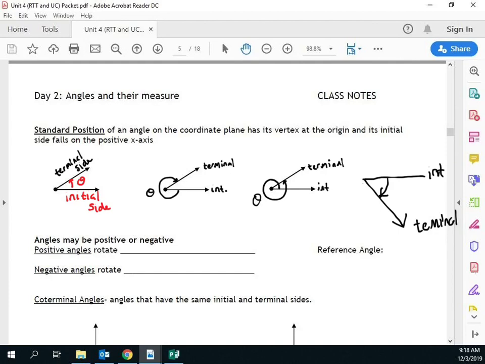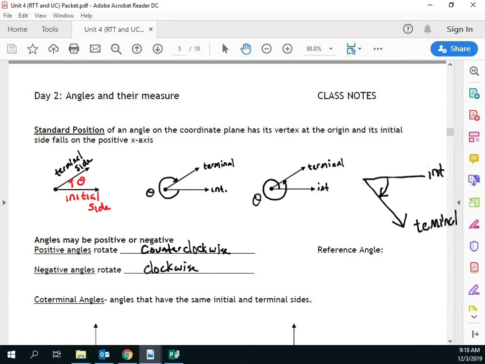So it says angles must be positive or negative. Well, positive angles rotate counterclockwise. And then negative angles are clockwise. So if you see the rotation we did here initially, this is a positive angle. Actually, let me do it this way. Positive theta.